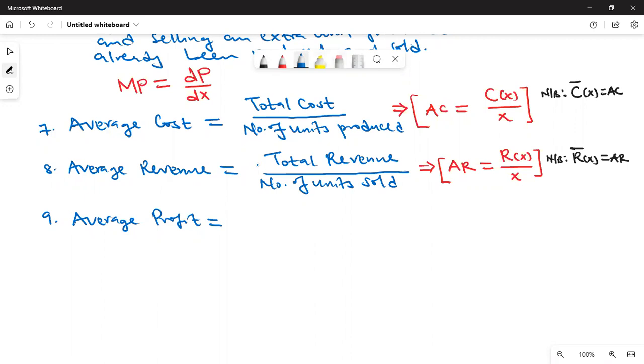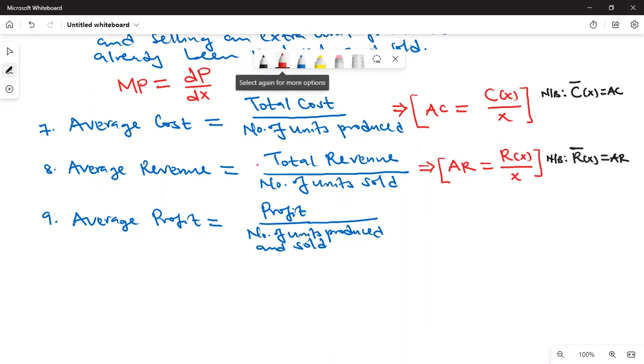So this is given by the profit function divided by number of units produced and sold. And so mathematically, we'll denote this by average profit.